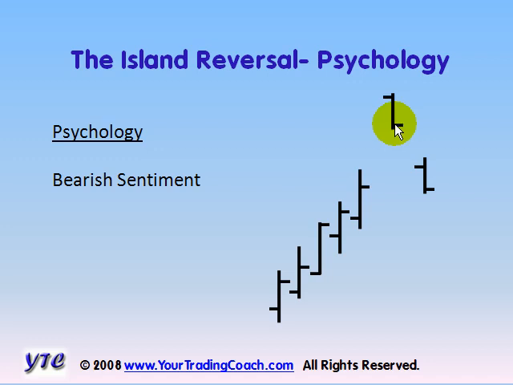However, what happens next? The next bar opens with a gap, but this time it's down. Why has that occurred? It doesn't matter. Something, whether technical, such as resistance at these higher levels, or perhaps something fundamental, has caused an increase in supply and driven price down to open lower. Some of the bulls will be spooked sufficiently to close out part or all of their position, adding to supply or selling pressure, and other bears will enter the market short at this point, preempting the confirmation of the island reversal.